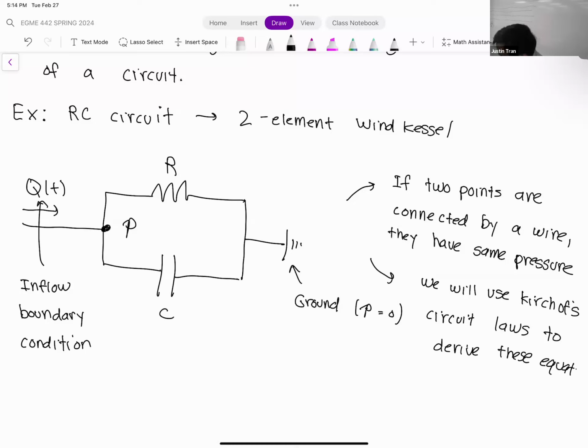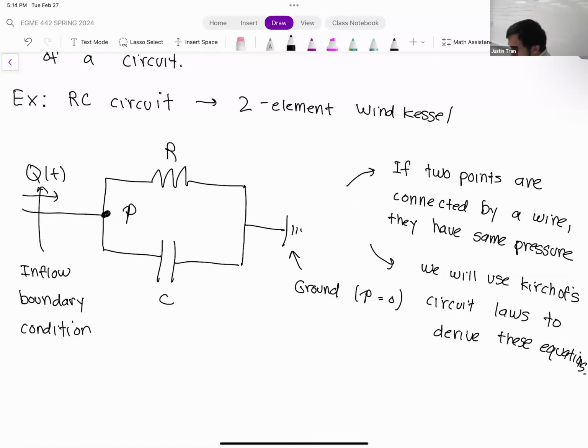When we come back on Thursday, we'll pick up this example. We're going to use Kirchhoff's current law together with the equation for the capacitance and the resistance to get our one ordinary differential equation that governs this circuit. Any questions on this before we wrap it up for today?